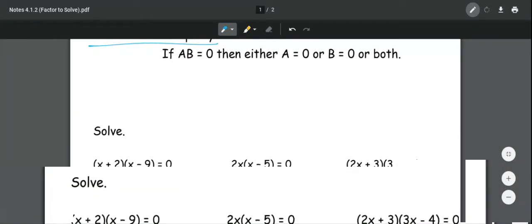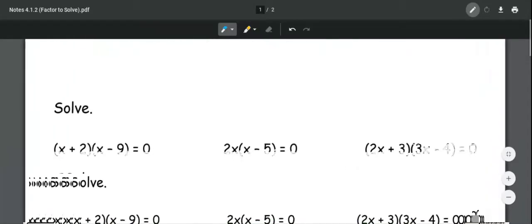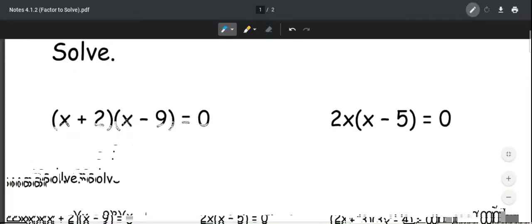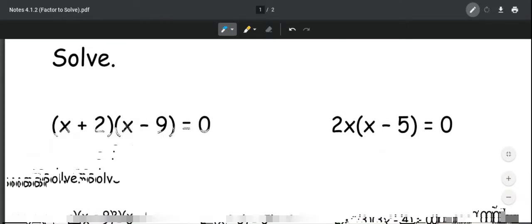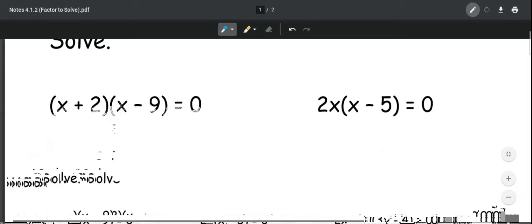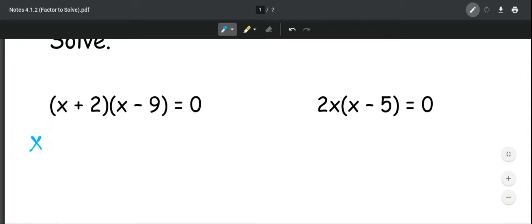So when you have two things, most of you were probably thinking of like 3 and 0 or 0 and -5 or whatever. It could also be two factors. So either x plus 2 has to be 0 or x minus 9 has to be 0. Okay, so how we are going to solve this is x plus 2 equals 0 and x minus 9 equals 0.